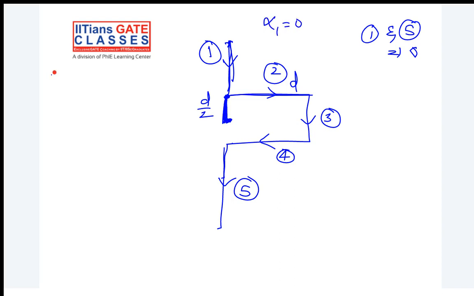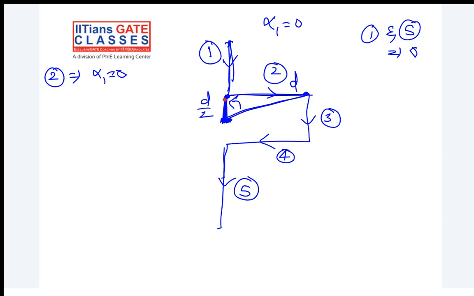When you are seeing for the second wire, your alpha 1 will be 0. How to find out alpha 2? Draw a line from the end point to the observer and measure the angle with respect to the radial line. This will be anti-clockwise, right? This is your radial line.